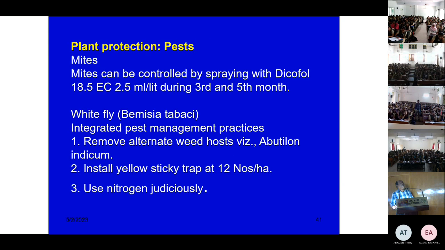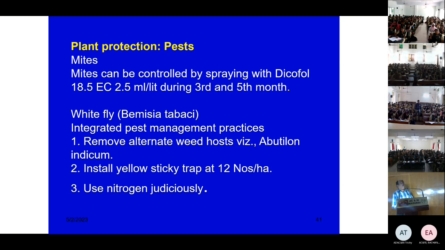Regarding plant protection in tapioca, mites can affect the crop and cause some loss. It can be effectively controlled by dicofol at the rate of 2.5 ml per liter, in the third and fifth month after planting. As well as the whitefly, Bemisia tabaci, which causes serious loss in tapioca.